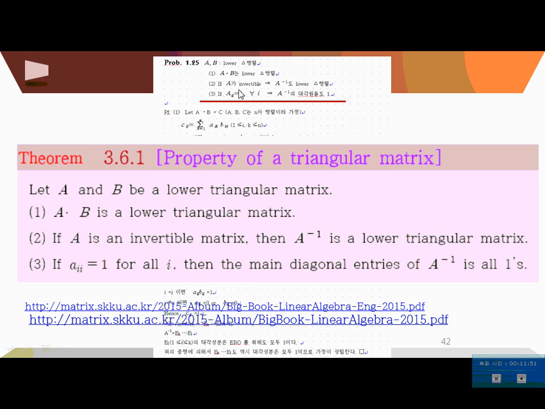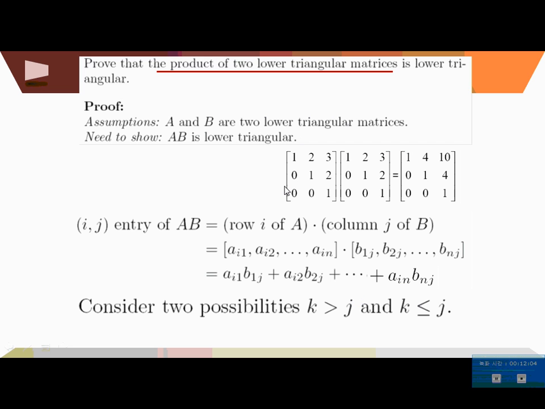This proof was given in the ebook that I wrote, so you can check those proofs and properties from this book, theorem 3.61. But I will try to give you the proof of this theorem once more.